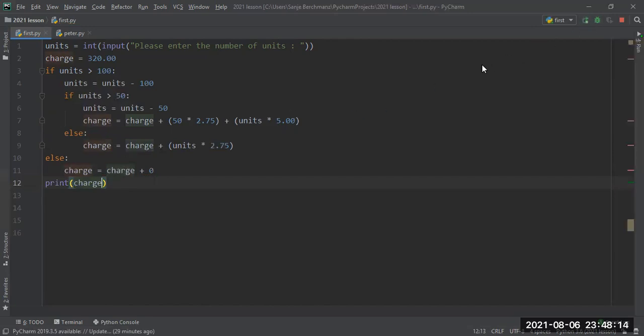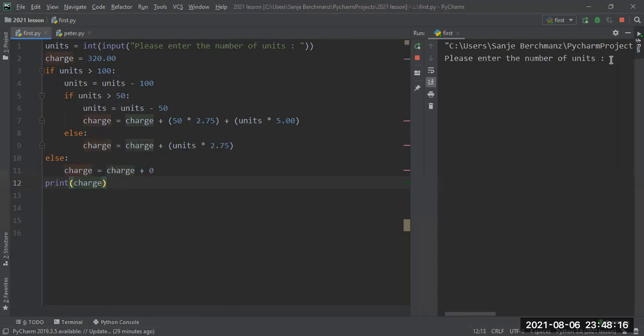You all do the calculations and tell me, if I input 175 as the unit, what should I get as the answer? First 100 is free. 75 units: 50 into 2.75 plus 25 into 5.